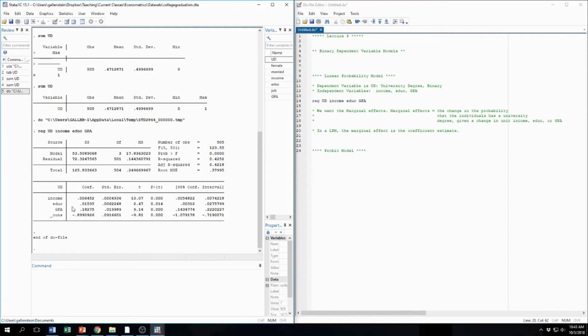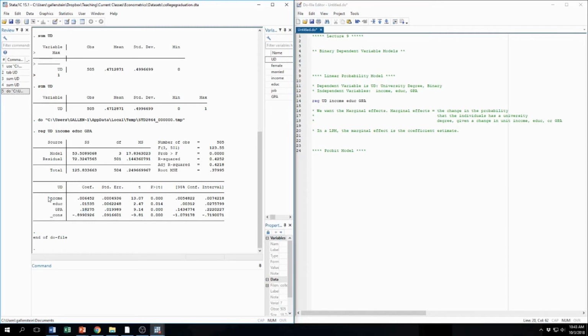We can do it for education. A 1-year increase in the average education level of the parents results in a 1.5% increase in the student having a university degree. And then the GPA. A 1 point increase in the student's high school GPA implies an 18% increase in the probability that the student will have a university degree.